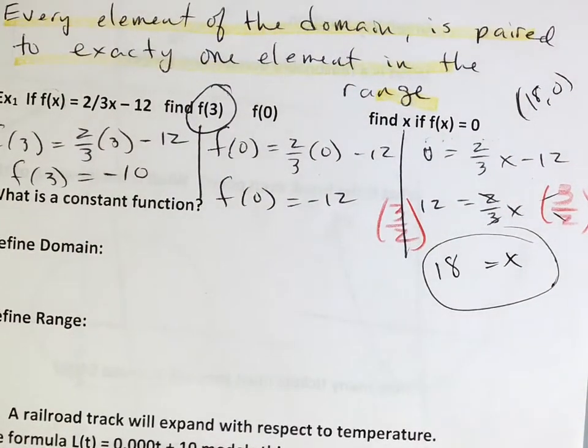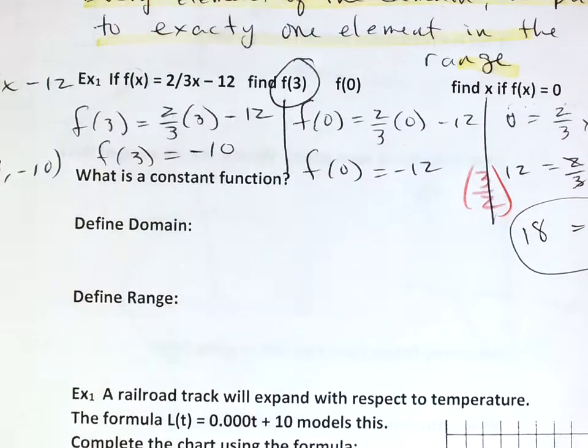Now, what is a constant function? Cruise control. It's cruise control. When you get into your car, and I assume most of you drive, right? And you hit cruise control, it stays a constant 60 miles an hour. I assume 60. You're not doing 80, are you? Not on cruise control, though.